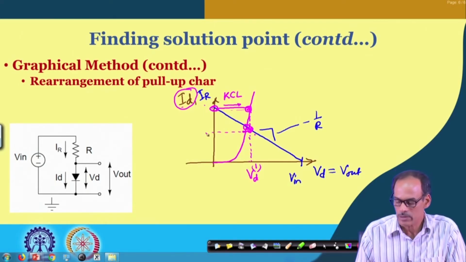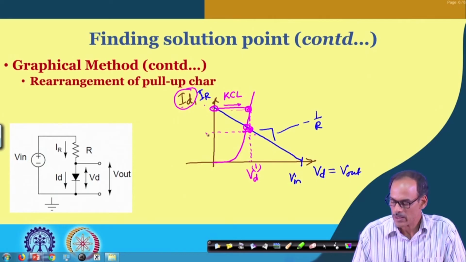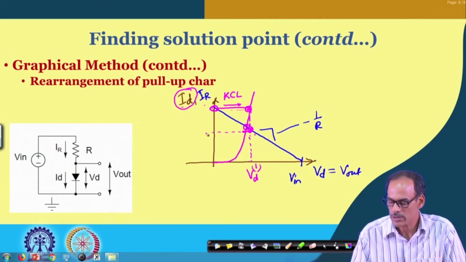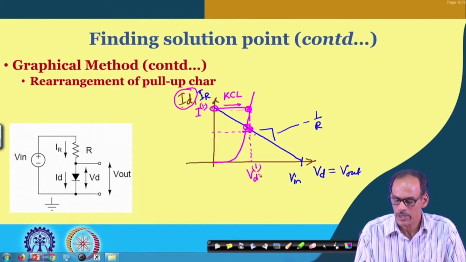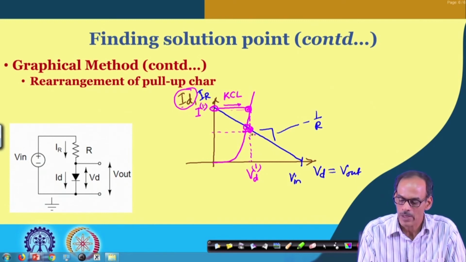Let me elaborate using the equation. Here we call this I subscript 1, the voltage we obtained is V d 1, and after moving to this point, we get the updated current in the second iteration.